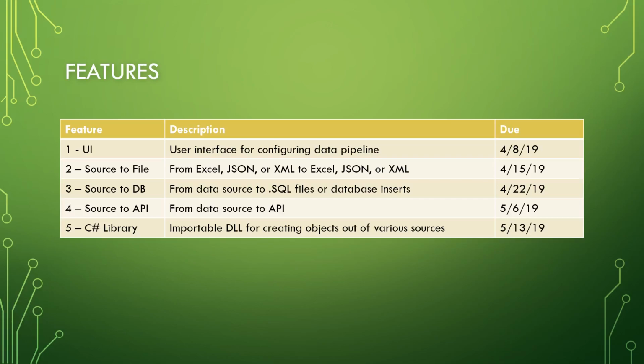The second feature being a source to file. So the source is going to come in as any of these, Excel, JSON, XML, whatever, and then it will go to whatever kind of format you want. So in this case, it would be saving a file, right? So it'd be saving XML or Excel or .json, however you've configured it.